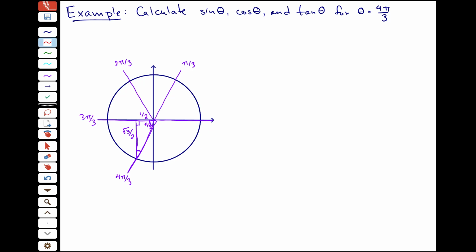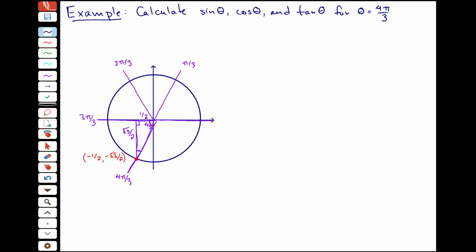Now, what I really care about is the coordinates of this point. And notice that I'm moving 1/2 in the negative x direction, so the x-coordinate of this point is minus 1/2, and I'm also moving in the negative y direction to get to this point. So the y-coordinate of this point is minus root 3 over 2.